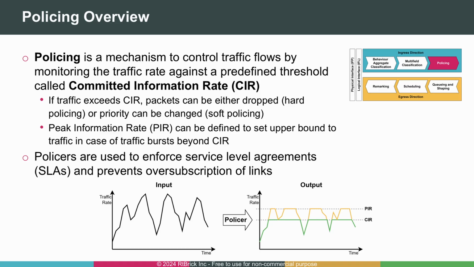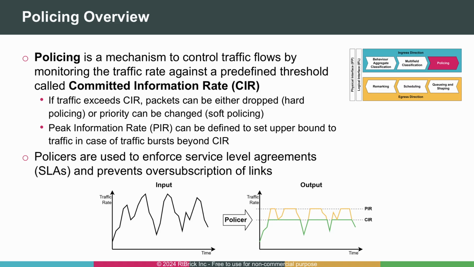Policers are essential for enforcing service-level agreements, ensuring that customers receive the bandwidth they're promised, and preventing oversubscription of network links. For example, if a customer's service is supposed to support 2 G.711 voice channels, which equals 160 kilobits per second, the policer ensures that no more than 160 kilobits per second of traffic is allowed.